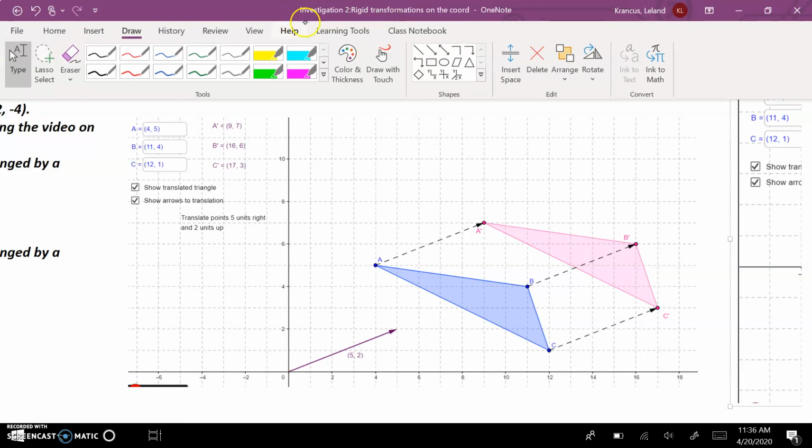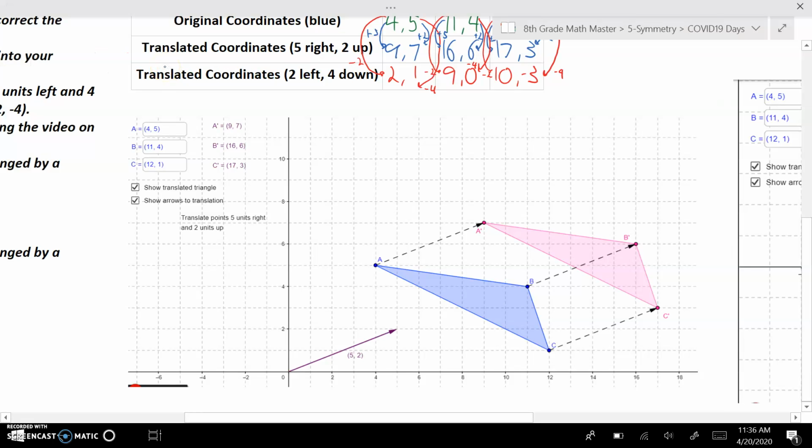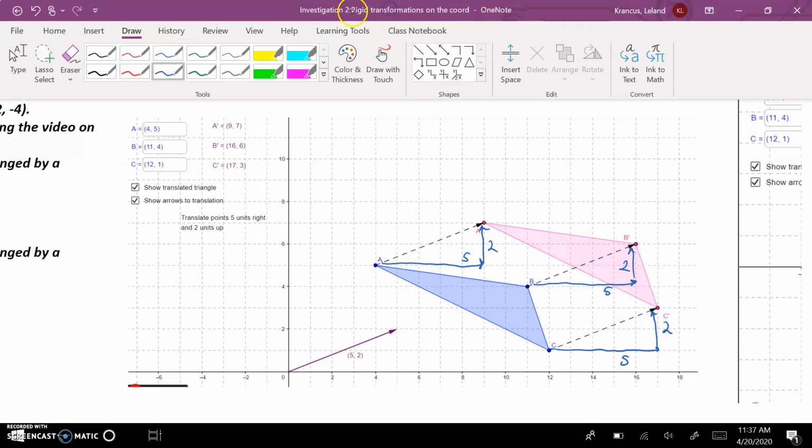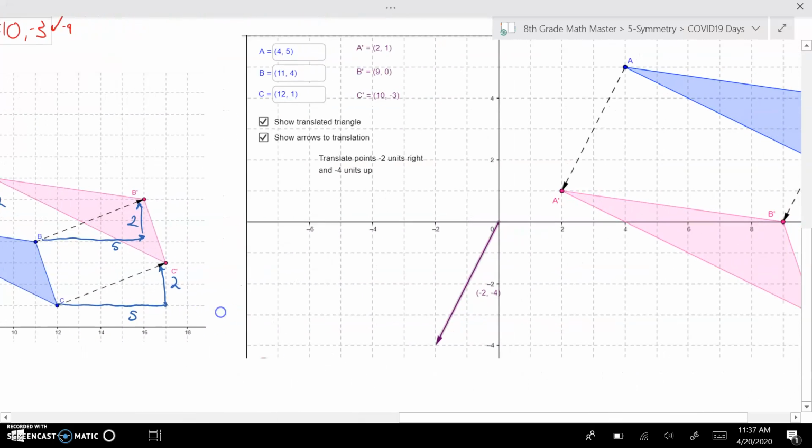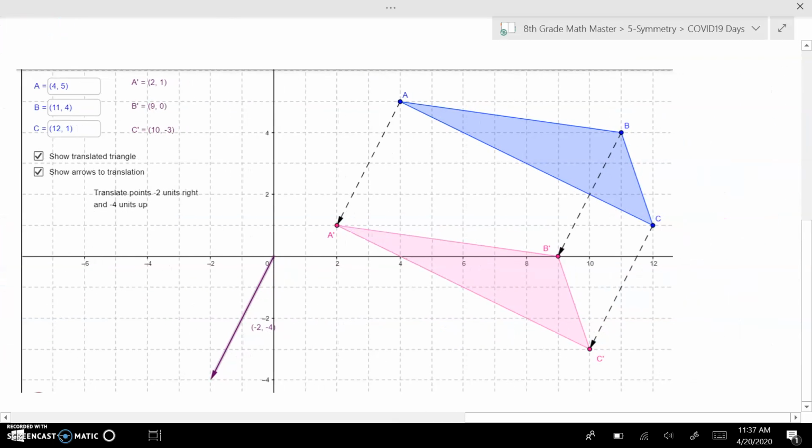You'll notice the first translation, when we went over 5 up 2, every point goes over 5, up 2, over 5, up 2, over 5, up 2.